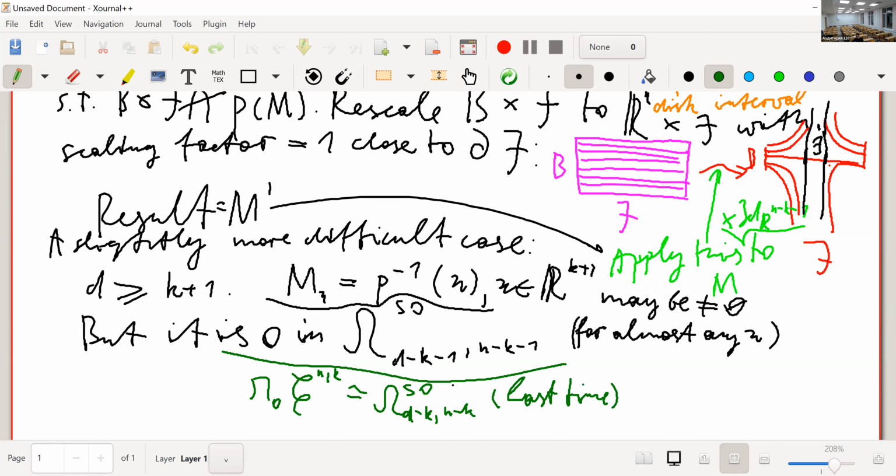The isomorphism is given precisely by taking the preimage under the projection to R^k. In this case, we have M, but M is inside the component of the zero set. So M basically by our assumptions corresponds to the zero element under this isomorphism.